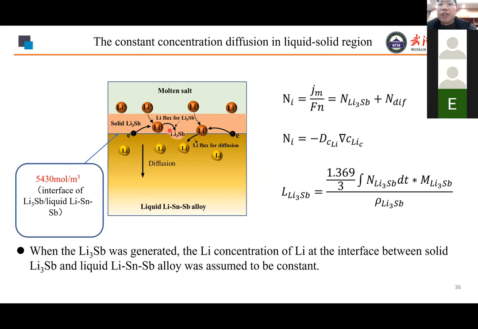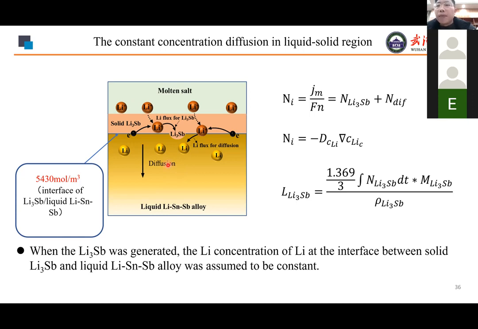The reduced lithium flux will be divided into two parts. One partial lithium flux continues to diffuse downward because the concentration gradient is still present. And the other partial is used to generate solid lithium antimonide until the lithium concentration in the liquid alloy is uniform and reaches the critical value.